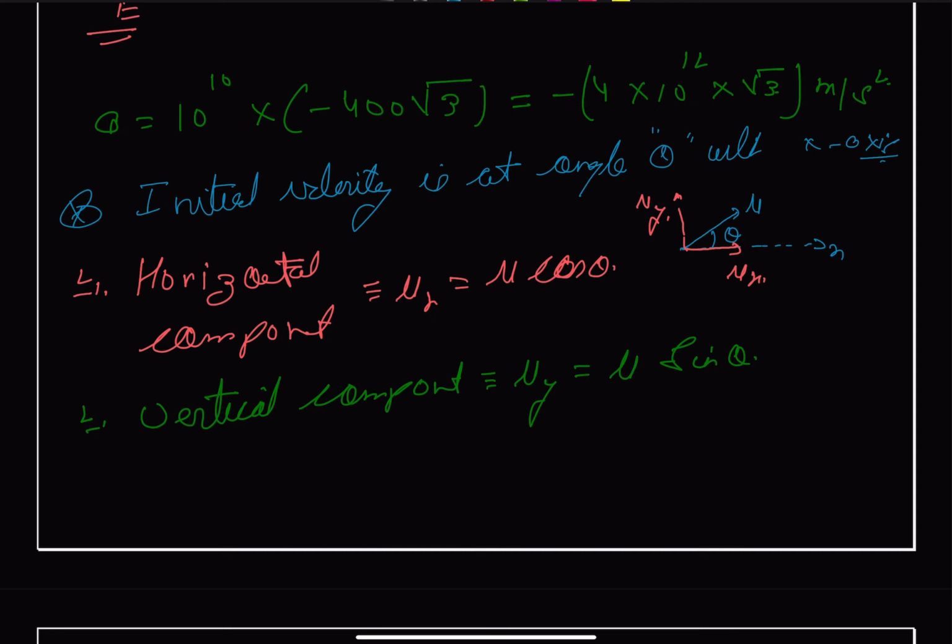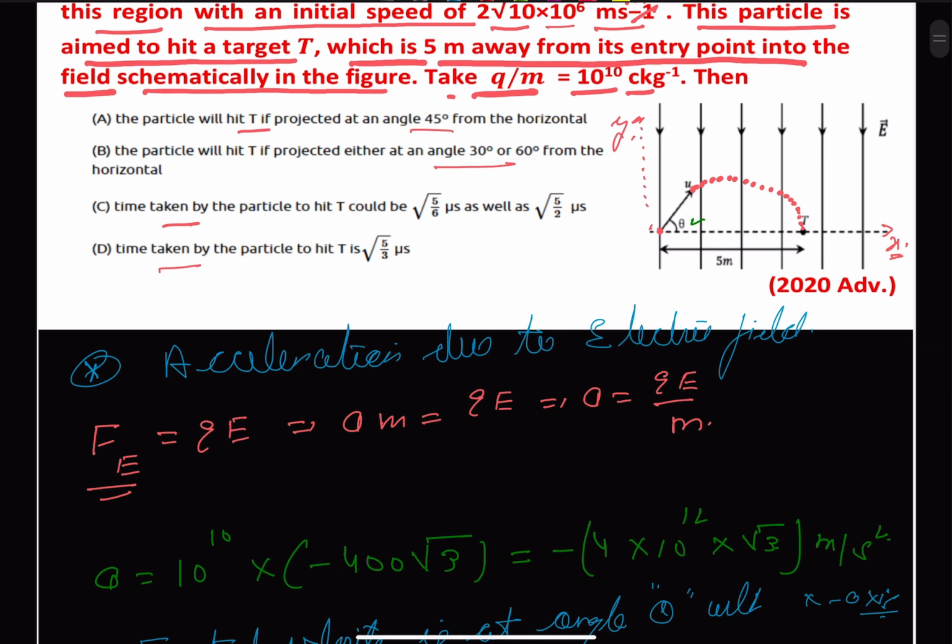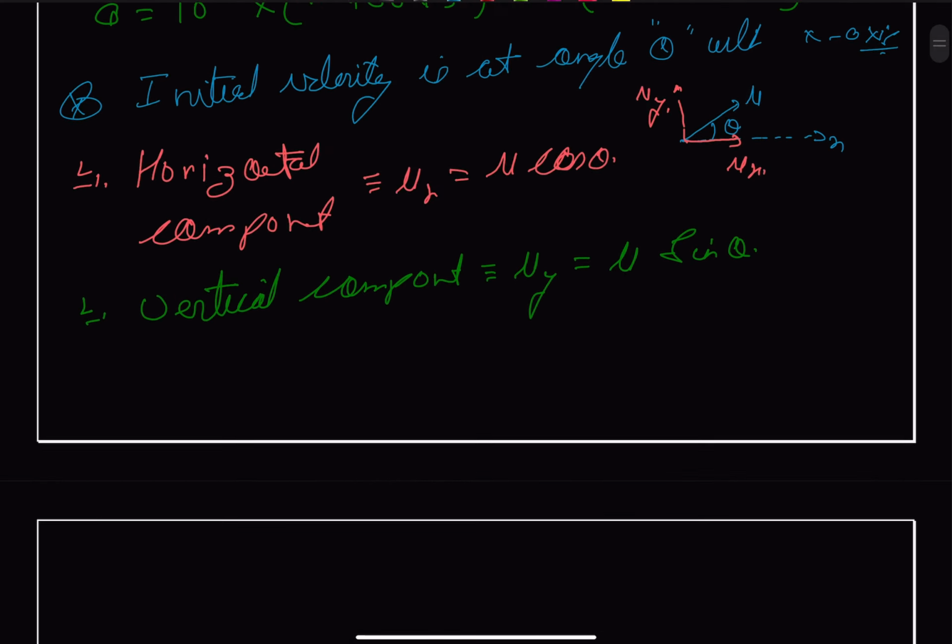And let us suppose that this object is at a distance x. Later we can just substitute the value. So if this is at a distance of x, x is basically the range of this charged particle, and this is along the x-axis.